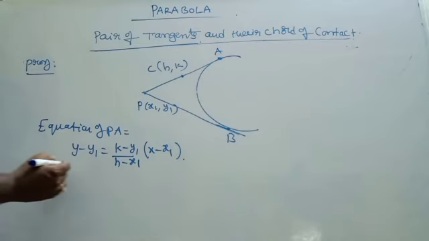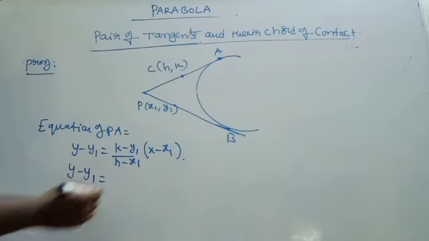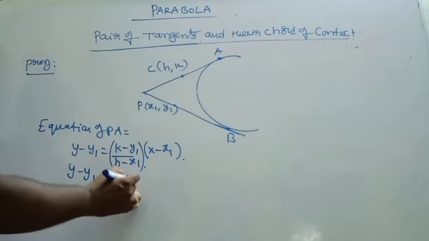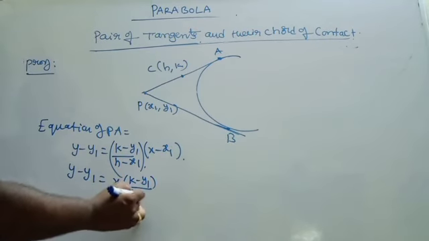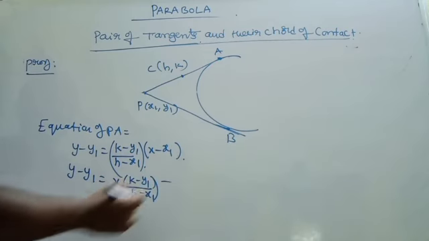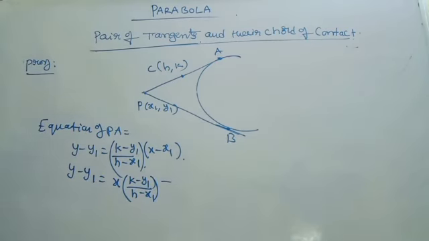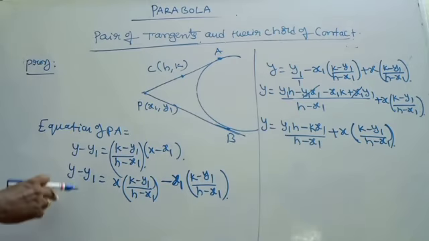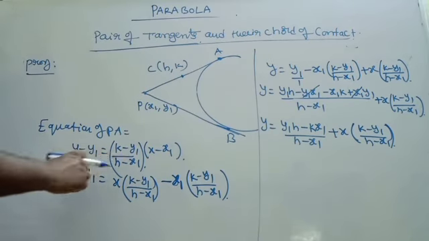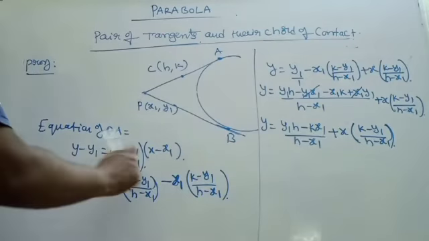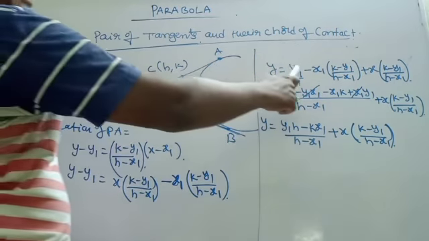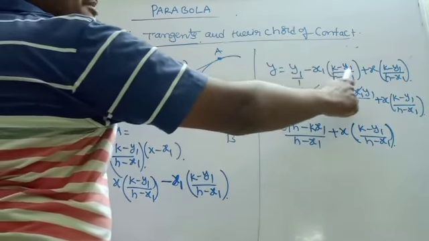Even if we want, we can simplify this. y − y1 equals this whole thing; if you multiply, it is x times (k − y1)/(h − x1) minus x1 times the same. Now let us transfer y1 to the right side, so y = y1 − x1 times this, plus x times this.